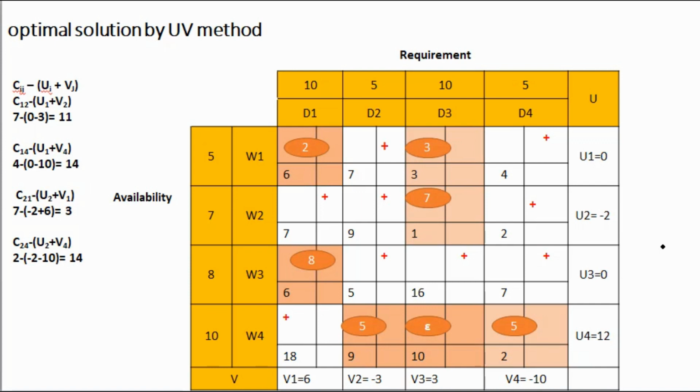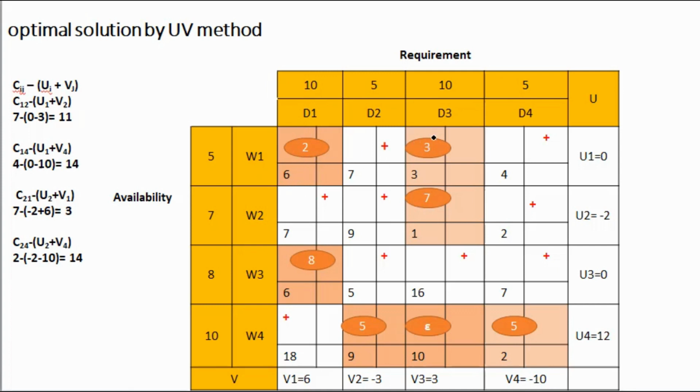Once the optimal solution is obtained, we calculate the optimal cost. The number of units transported from W1 to D1 is 2, and the unit cost is 6, so therefore the cost will be 2 into 6, 12.